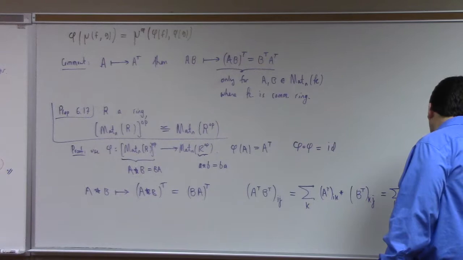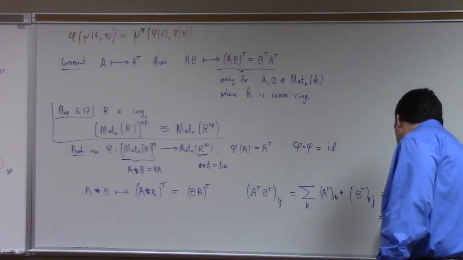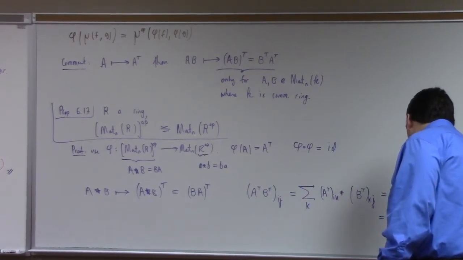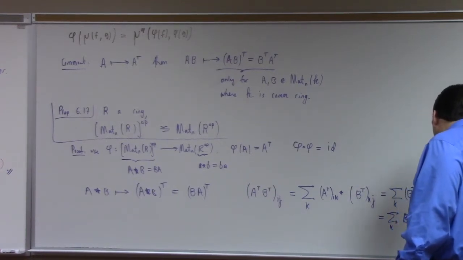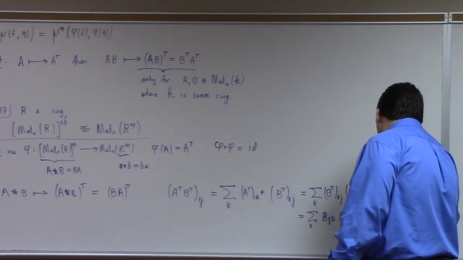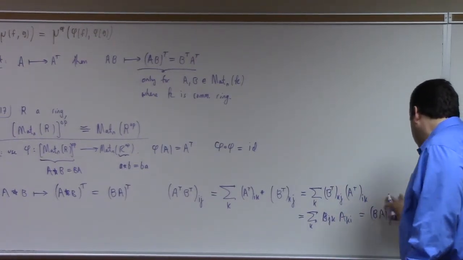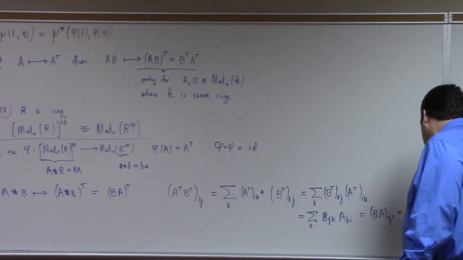Then definition of transpose gives us B_jk A_ki, which, by the way, is what? That is B A, ji, right? Which then is nothing more than (BA) transpose, ij.